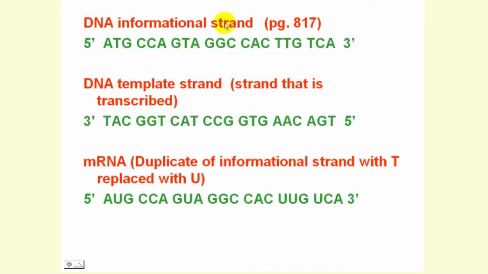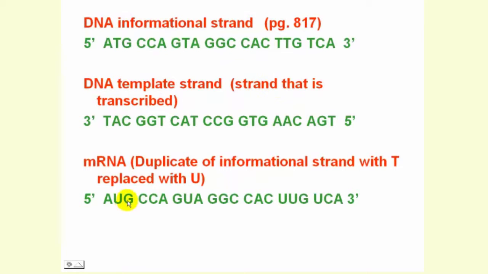Disregard this page number here. So remember, we have the DNA informational strand. Is this the same as this one? No. Here's a DNA informational strand. So you have the informational strand is read in the 5 to 3' direction. Here's our informational strand. The complement of that is the template strand. This is the strand that is transcribed.